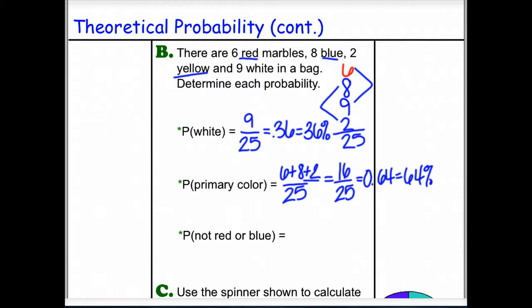Probability of not red or blue, which means anything but red or blue, which means I can get yellow or white, which there's 2 yellow and 9 white out of the 25, which is 11 out of 25. We cannot simplify that, so we get 0.44 or 44%.